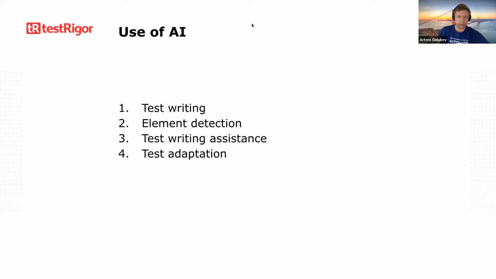Before I jump into that, I want to also mention that you shouldn't shy away from using AI. There are a lot of uses of AI. It basically helps out in test writing itself, detecting of elements, making sure your test is more stable, and adapting your test to potential changes.